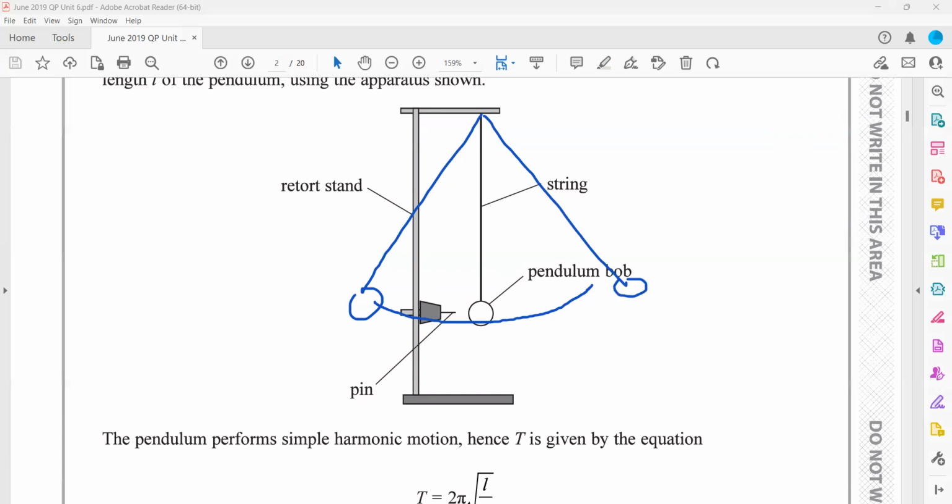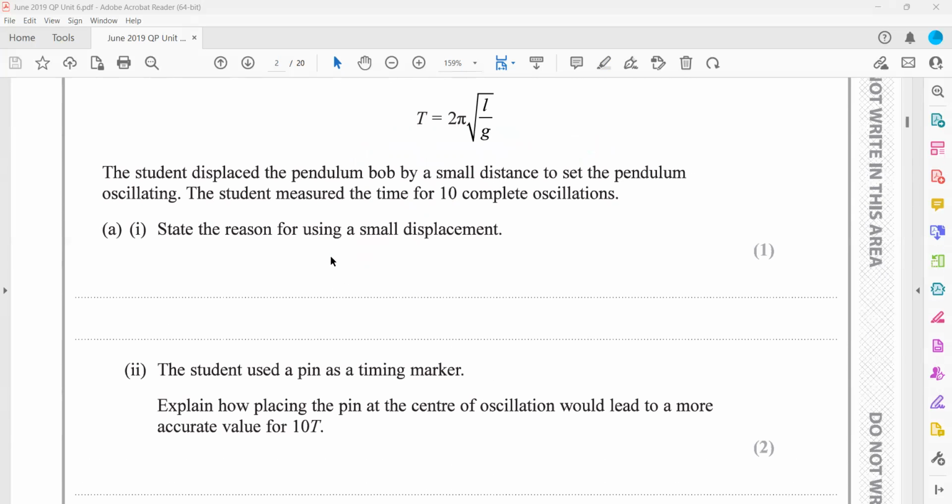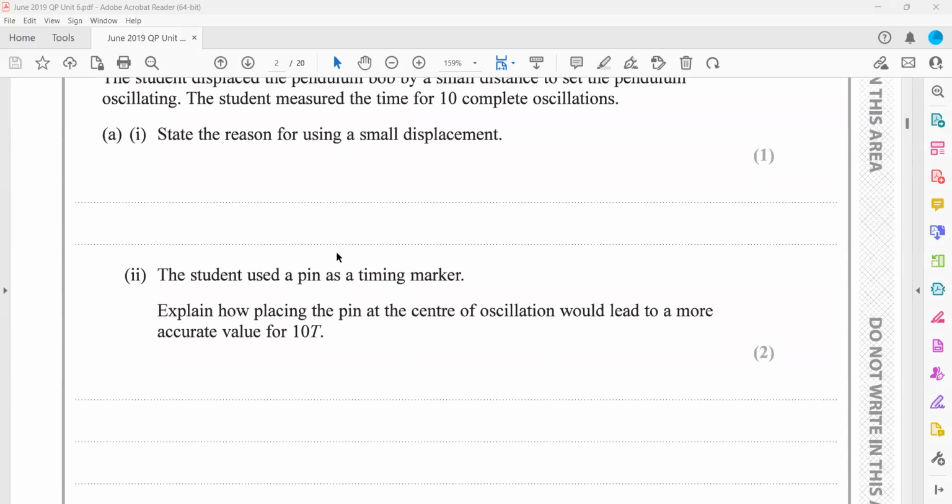Also, there's only one fixed point in the oscillation, while the amplitude may vary because of damping. The question is why the pin is placed at the center of oscillation to give a more accurate value.